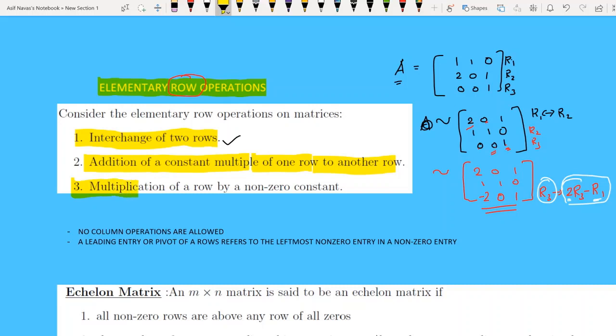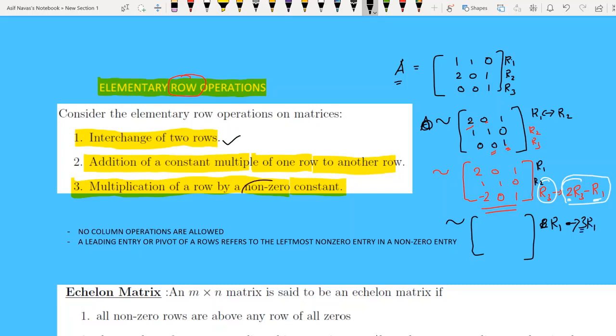And the third one is multiplication of any row by a non-zero constant. So now this is R1, R2 and R3. If I want R1 to change to 3R1, that means a non-zero constant.